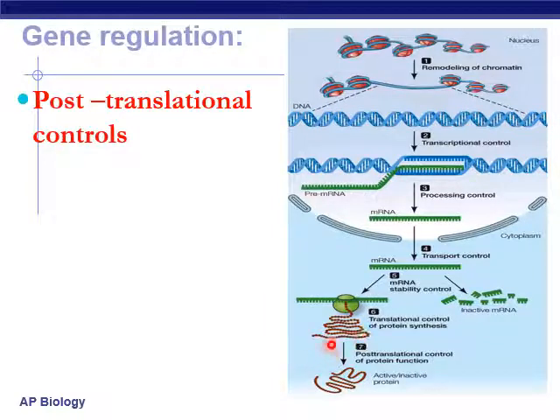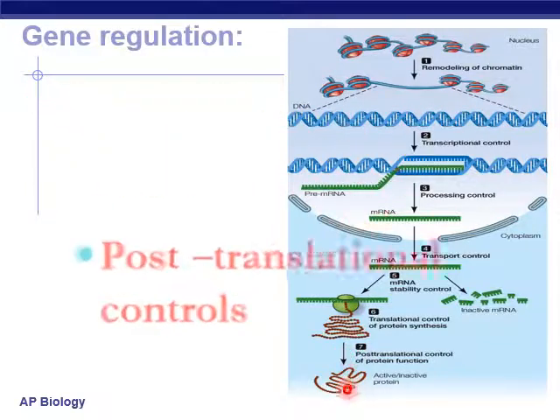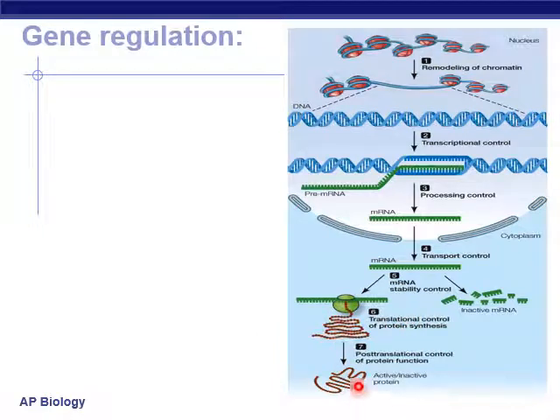This controls how the polypeptide becomes functional by modification. All of these levels of control of gene activity determine which genes are expressed to form functional polypeptides.